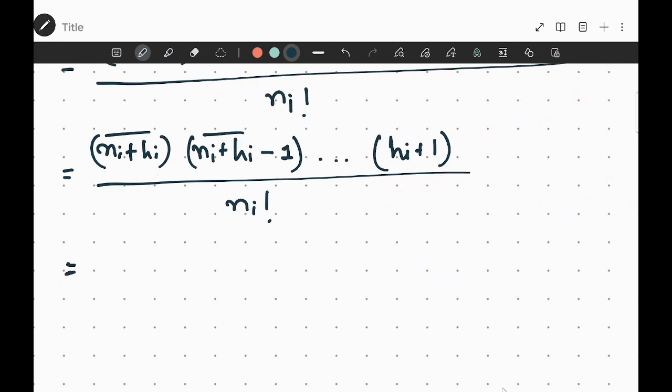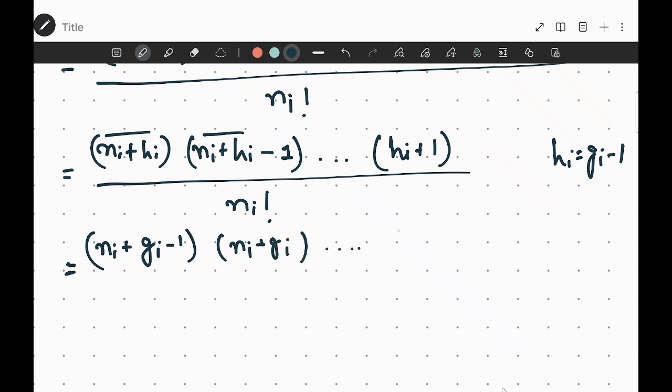So now just open it, what was Hi? Gi minus 1. This was Hi. Put it, up to Gi. Correct? Yes. So see, each and every term is greater than Gi.